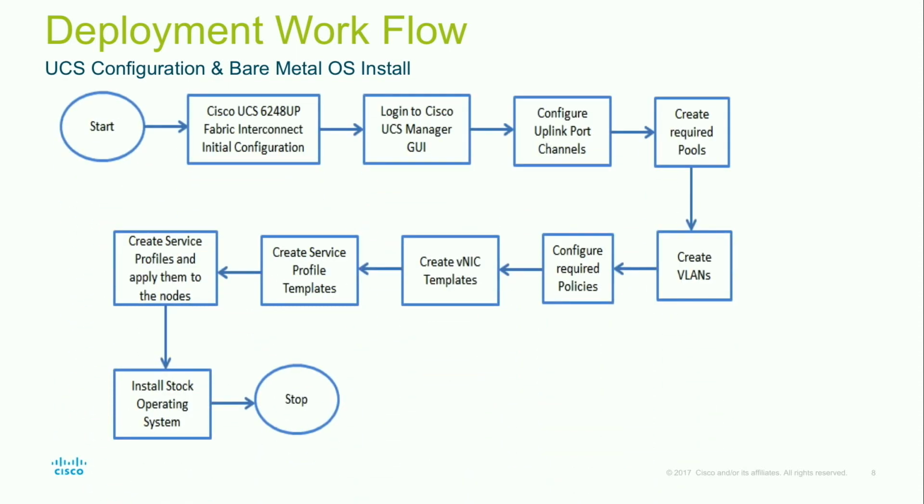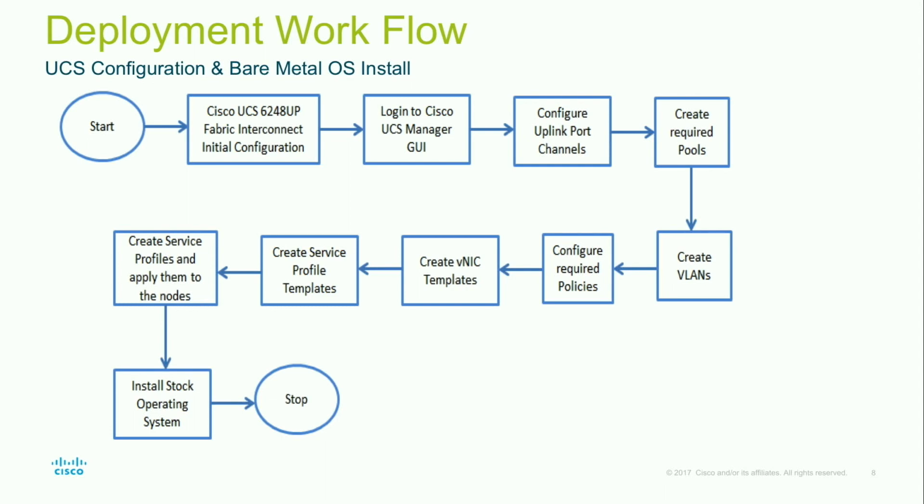That's a high-level flow chart that shows you in a pretty straightforward way how to stage the UCS environment for getting Docker up and running. So you rack and stack, and after you rack, stack and cable everything in your data center, you bring up the UCS, do the initial configuration, and configure ports.